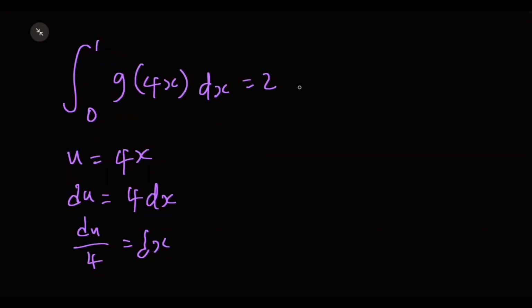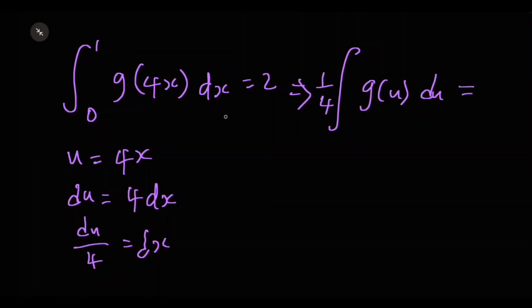It means we can rewrite this to be g, instead of 4x we now have u, g of u du, and instead of dx we have du over 4, but 1 over 4 here becomes a constant, so we can have 1 over 4 on this side, and this equals 2.